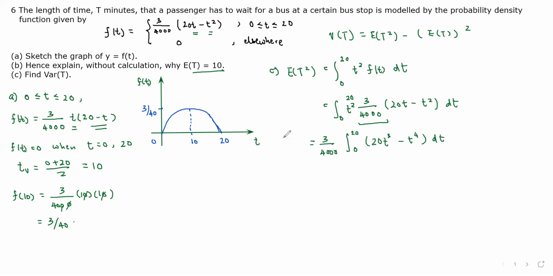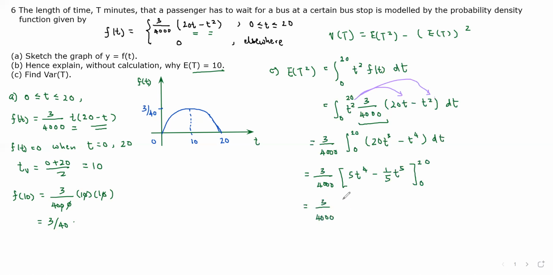That t squared we have to distribute. 3 over 4,000 remains. So upon integration, 20 divided by 4 is 5, t to the 4, minus 1 over 5 t to the 5, and we need to evaluate from 0 to 20.